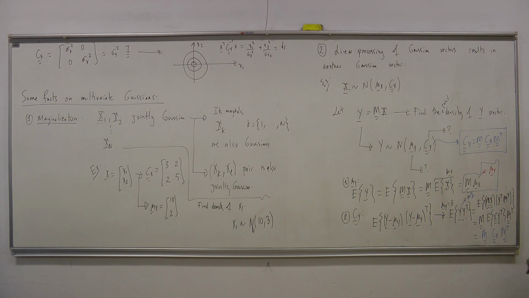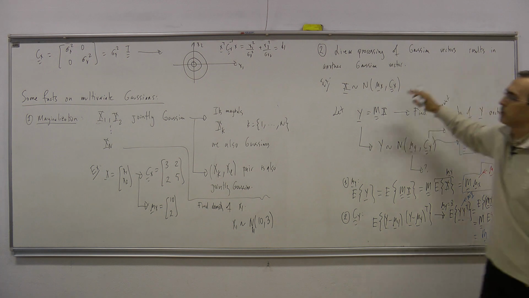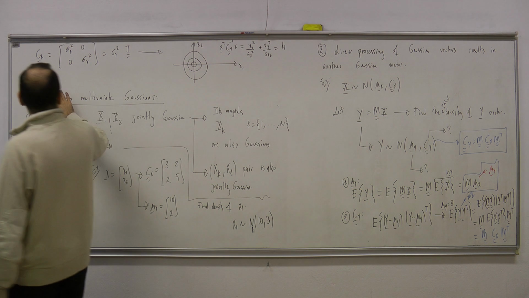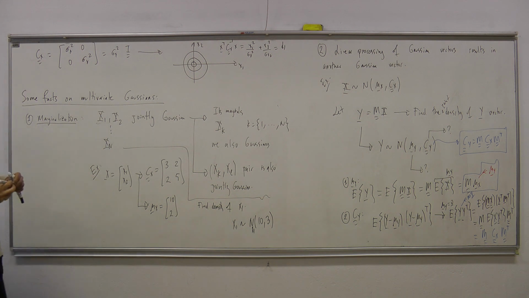There is nothing else to do. Again, we need to show this linear processing of Gaussian vectors results in another Gaussian vector, but we are not doing so. Actually, this is one of the definitions of the Gaussian, even the processes and so on. So let's accept this as some facts on Gaussian distributions.